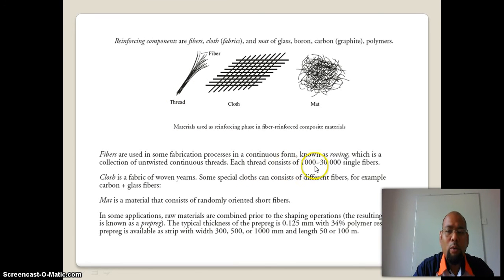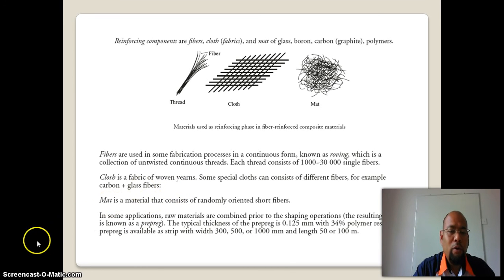Each thread consists of 1 to 30,000 single fibers. We also have cloth, which is a fabric type. Some special cloth can consist of different fibers, for example, a combination of carbon fiber and glass fibers. That is also another advantage, meaning that you can mix two different types of material into one cloth.